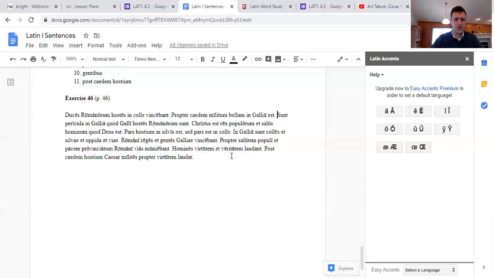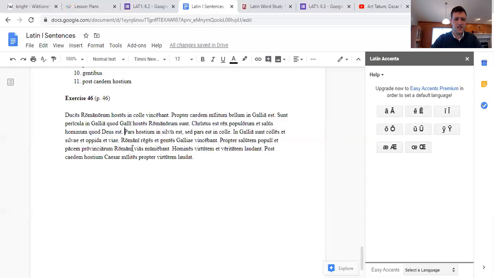There are dangers in Gaul because the Gauls are the enemies of the Romans. Christus est rex populorum et salus hominum quod Deus est. Christ is the king of the peoples and the salvation of men because he is God.